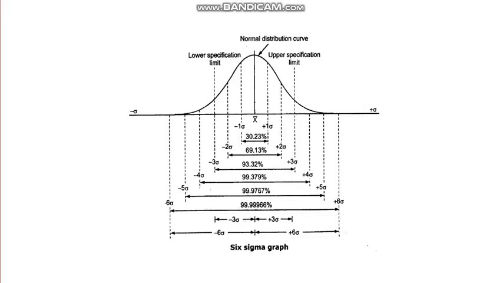But they are aiming at not 99.39% as in 4 sigma, not 99.9767% as in 5 sigma, but 99.99966% as in 6 sigma. So this is what they are aiming at.